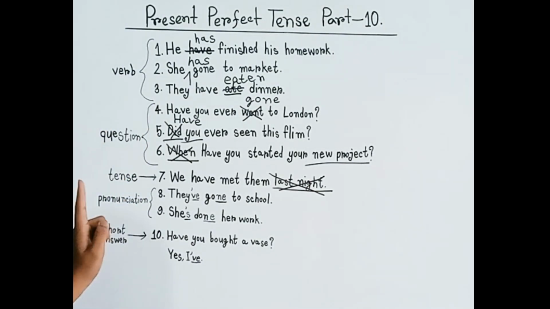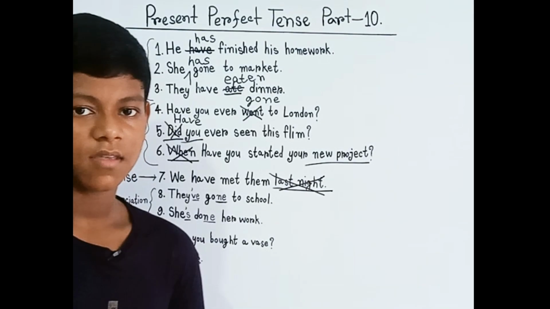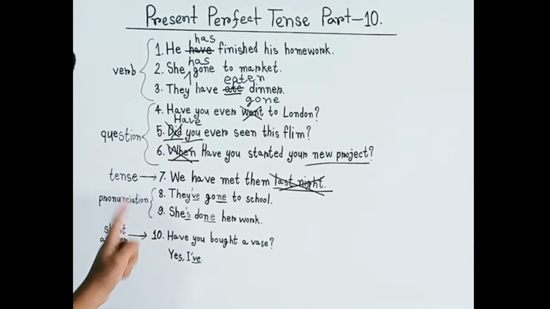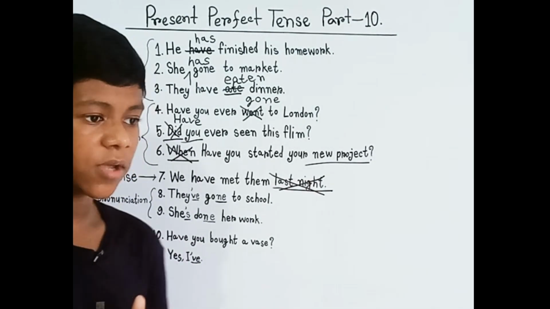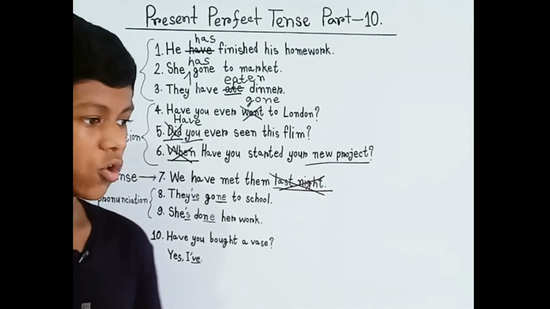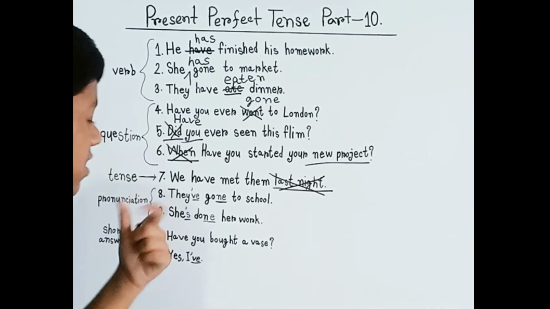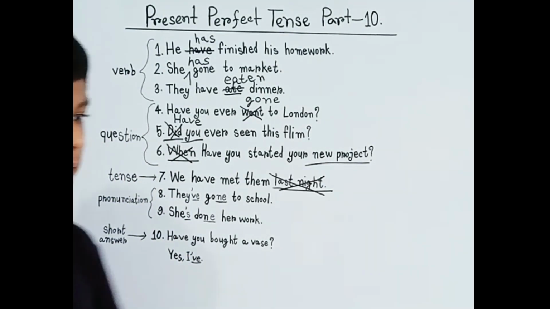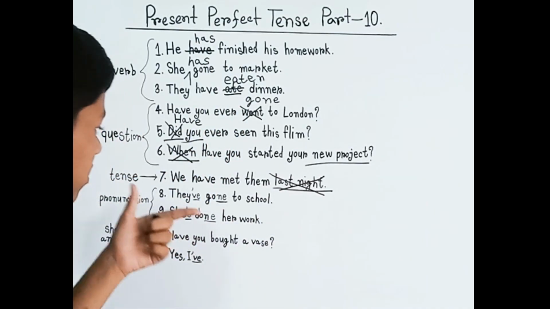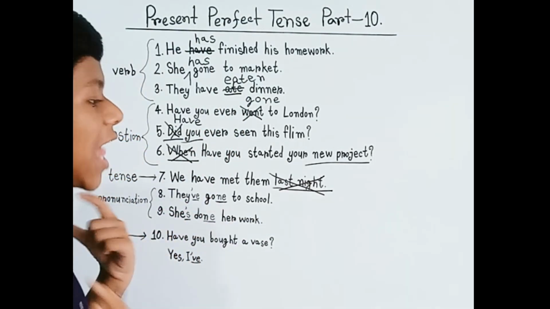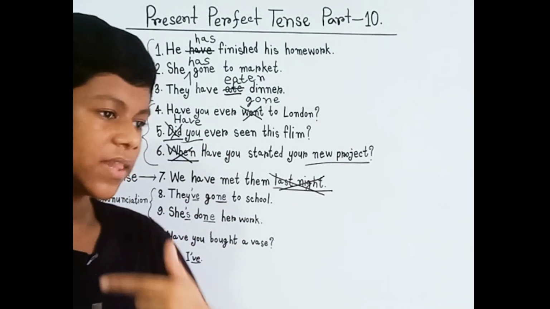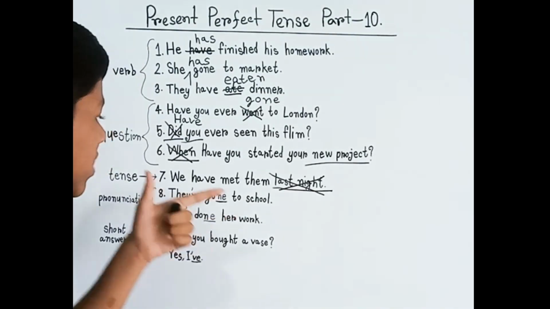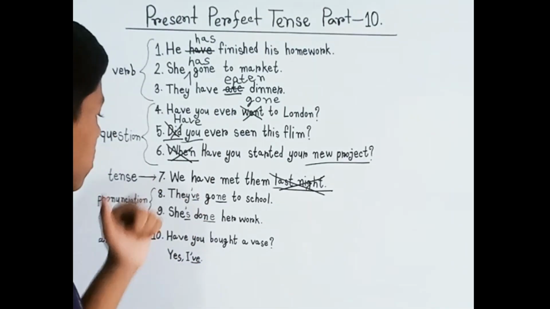The next is pronunciation. Sometimes we make a huge mistake during pronunciation. This matter is a little bit difficult, but I will explain it with an easy explanation.